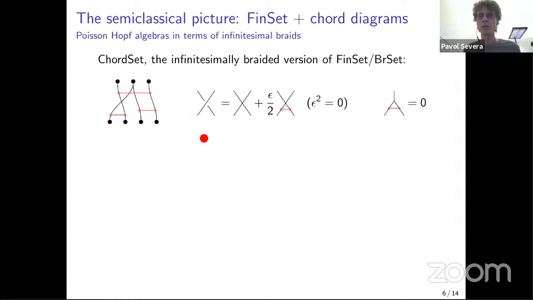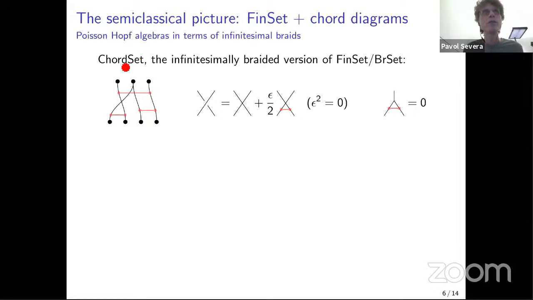I will not write them down for you. I'm just telling you that such a thing exists. There is one more relation that we're having here, which was this commutativity, which now semi-classically looks like this. So this might be a slightly more complicated category, but it's still reasonably nice.